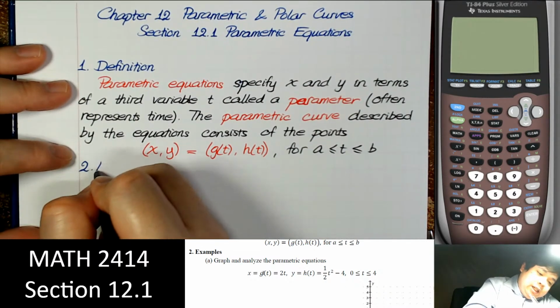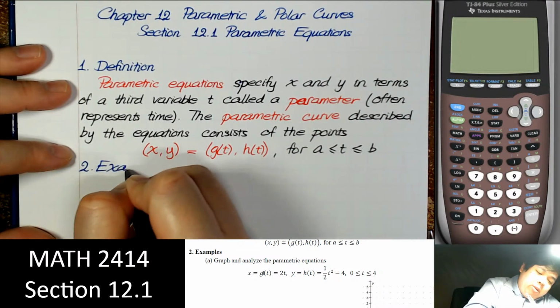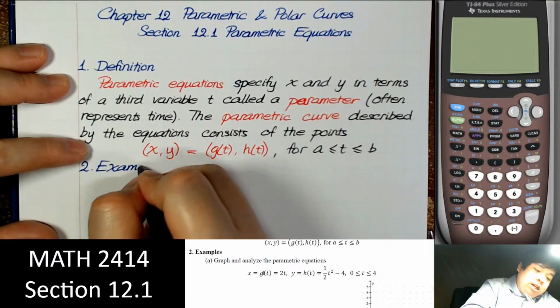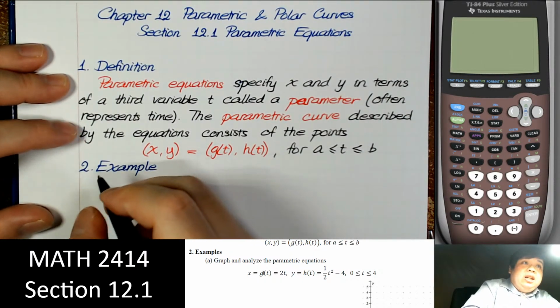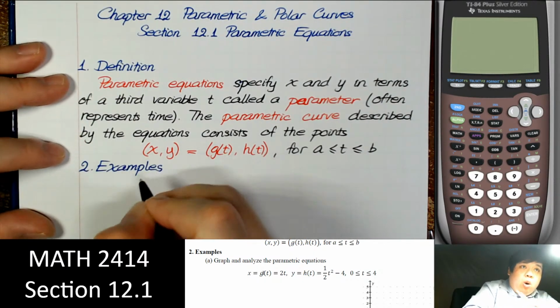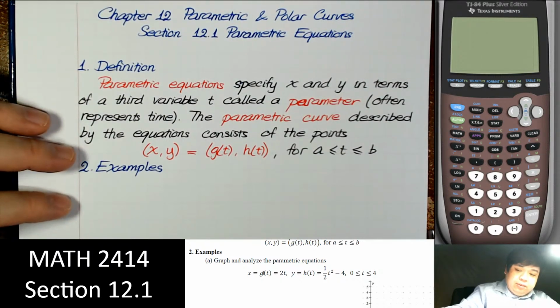Let's go to an example. So pretty much we have x as a function of t, y as a function of t, and we're trying to graph it or trying to find a function.